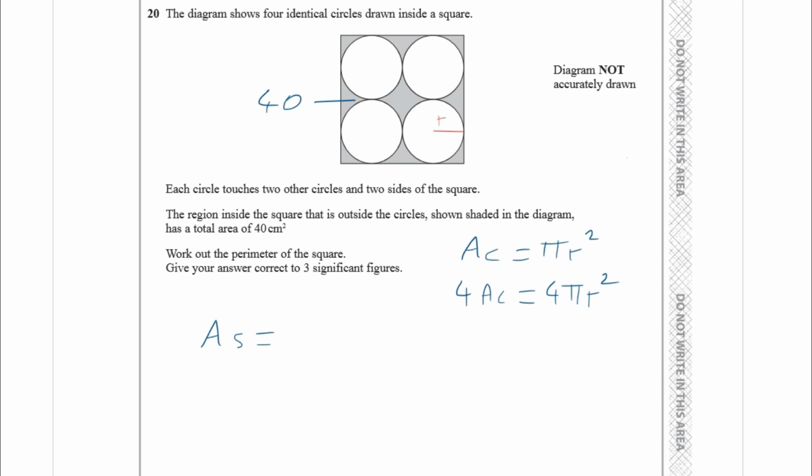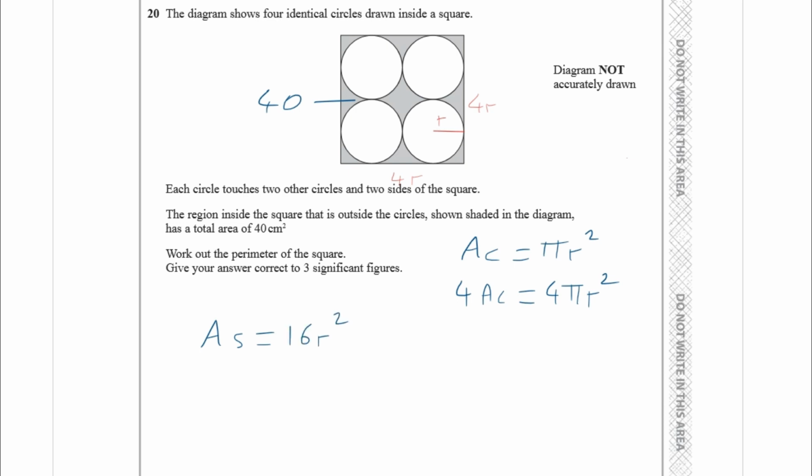Now noticing here that we have 1 radius, but if we look at the side length of the square, which is actually what we're looking for, we have 4 r's. So 4r is the side length. So it's a square of 4r by 4r, which means that the area of your square is 4 times 4, 16. This is 16r squared.